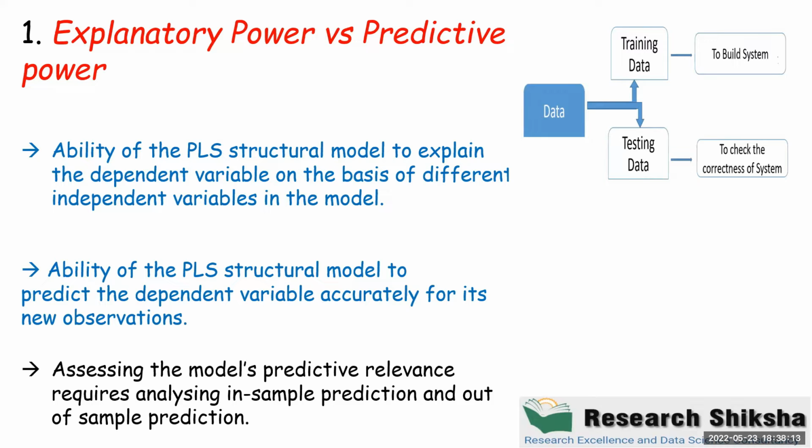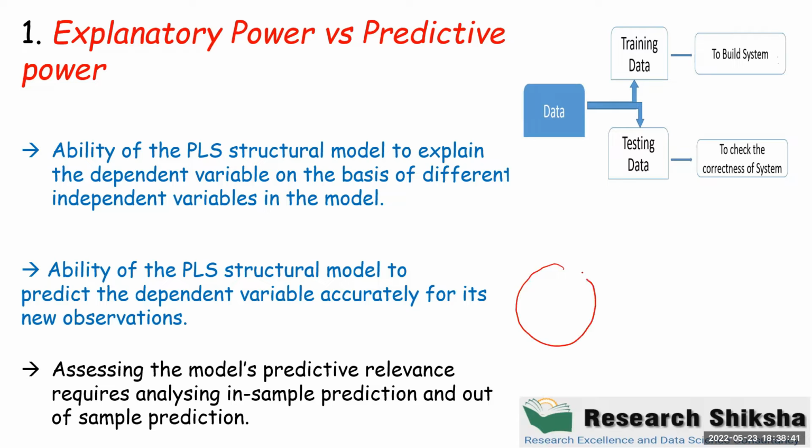The data which you are using for making the model, you are calculating the R square on the same data set, right? So it is actually a problem that you are applying the regression model on a data set, and on the same data set you are defining the explanatory power.